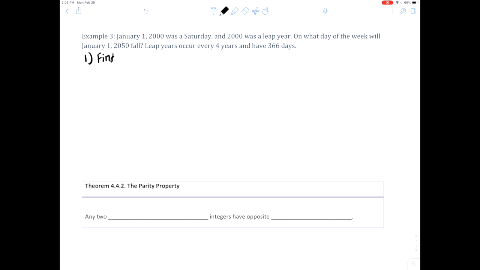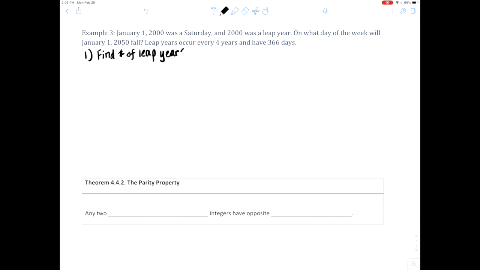Find the number of leap years in this range. Well, we want to include that first one, the 2000. So in order to figure that out, I'm kind of thinking that maybe we ought to go back to 1996, find the range, and then divide that by 4 because the leap years are every 4 years.